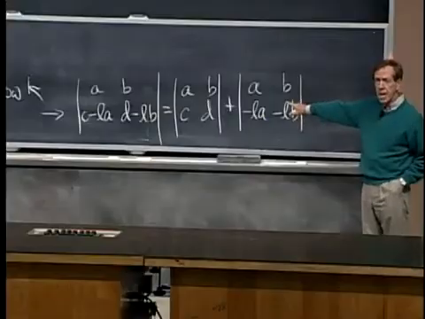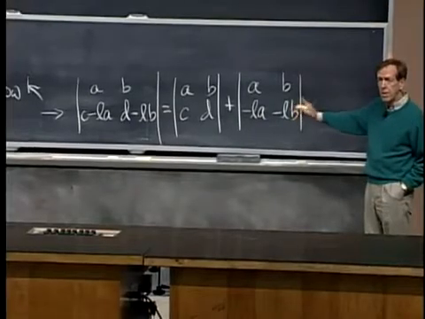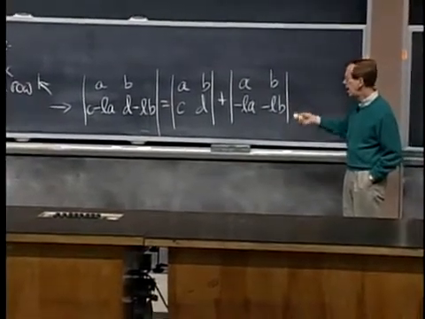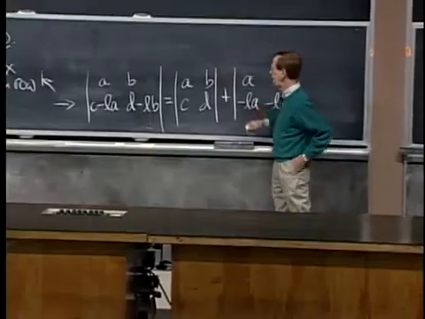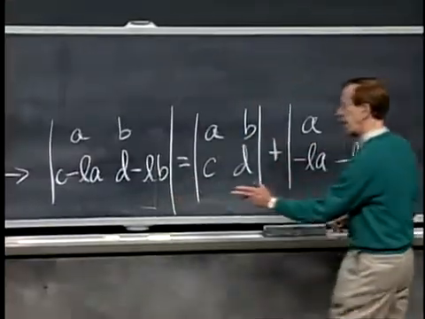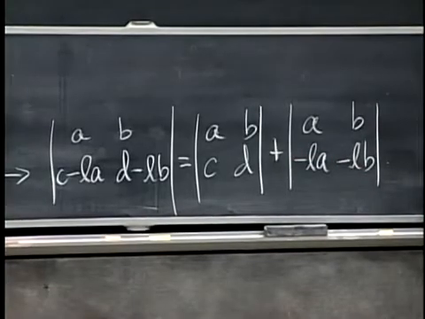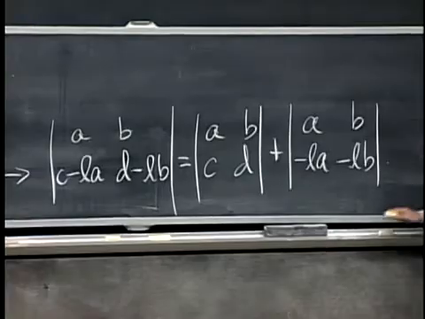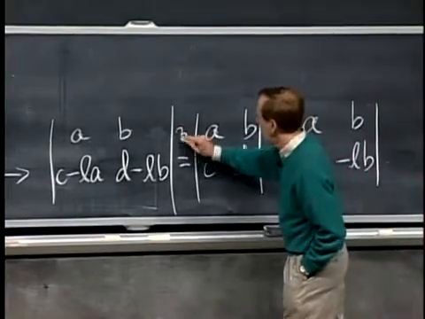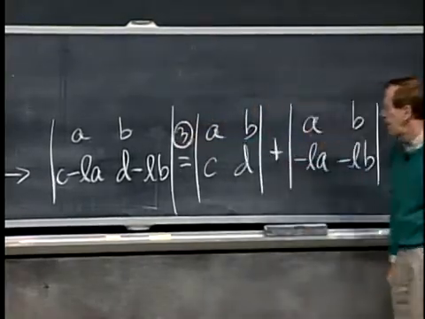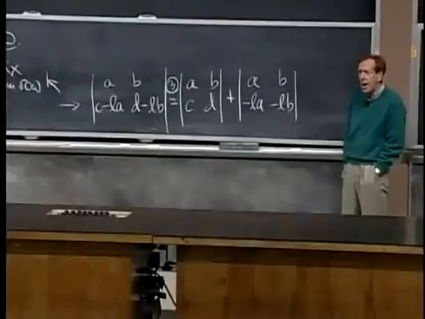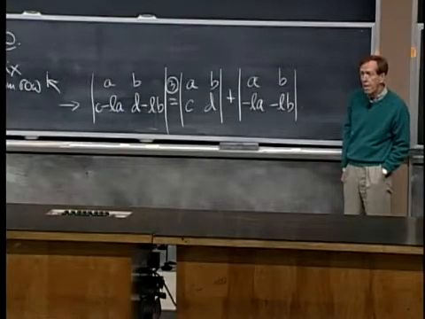So what property was that? 3B. I kept one row the same, and I had a combination in the other row, and I just separated it out. Okay. So that's property 3, 3B if you like. Now use 3A. How do you use 3A?